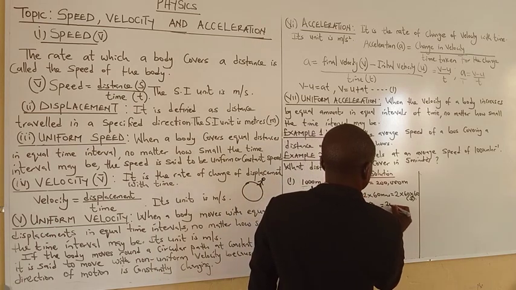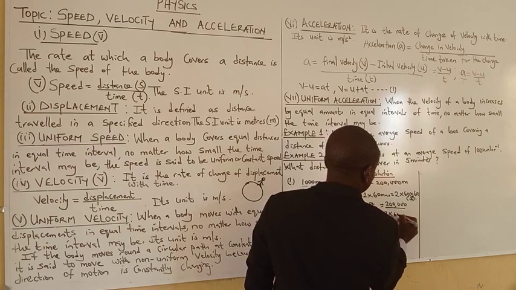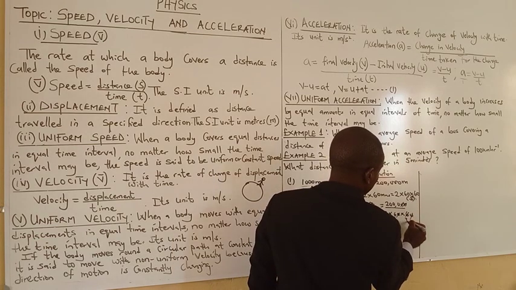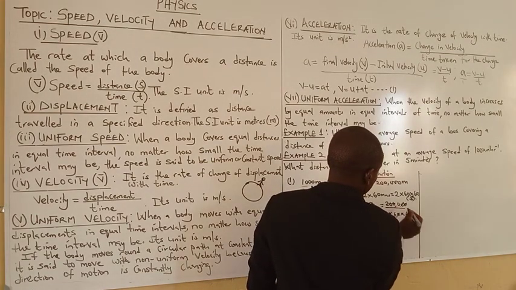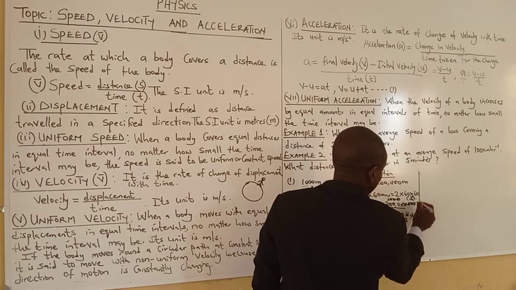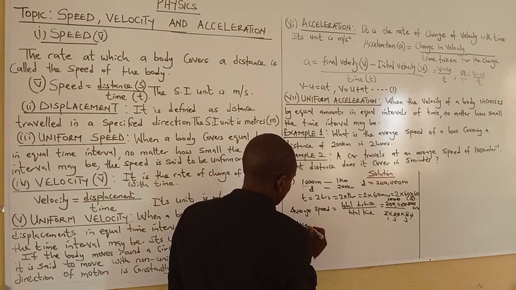You have 200,000 over total time, 2 times 60 times 60. 0 cancels 0, 0 cancels 0. 2 here, 3, 2 here, that's 500, 2 here, 1, 2 here, 250.